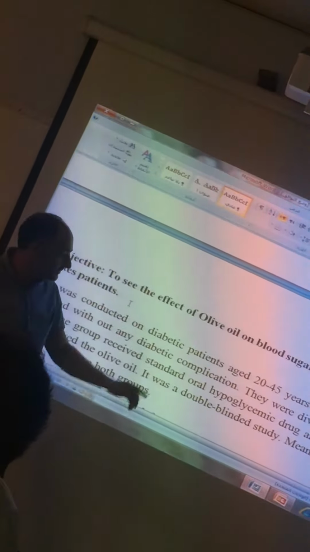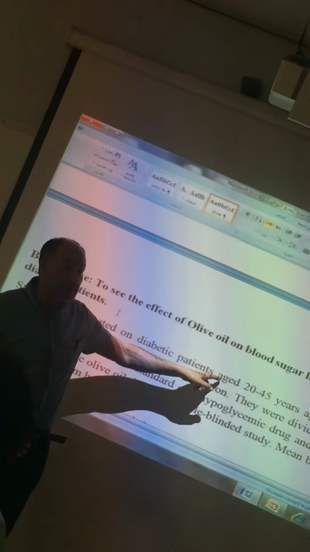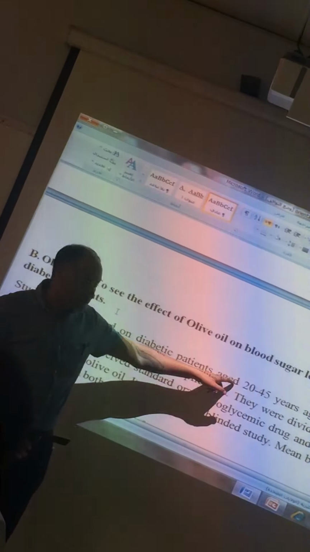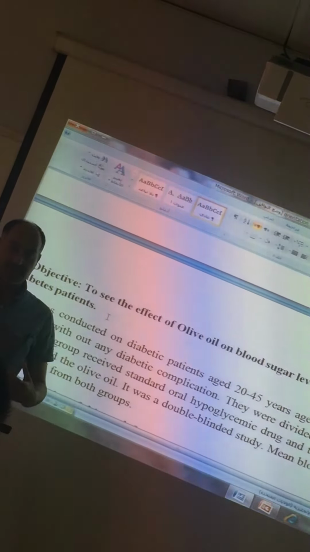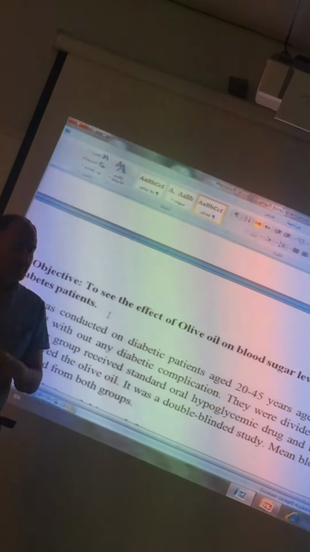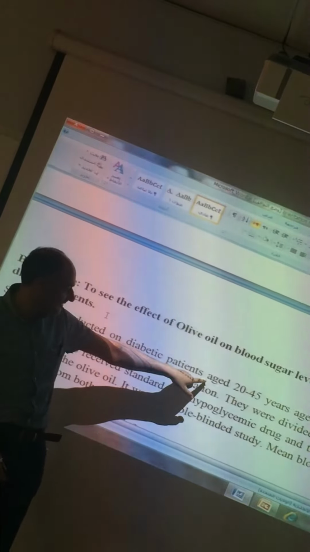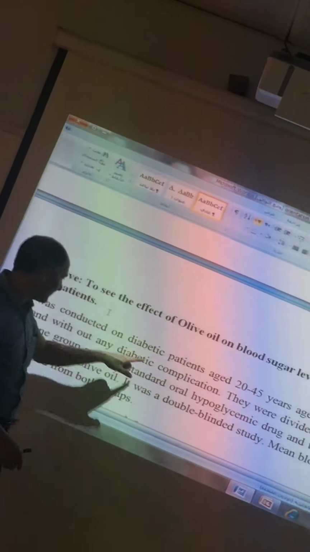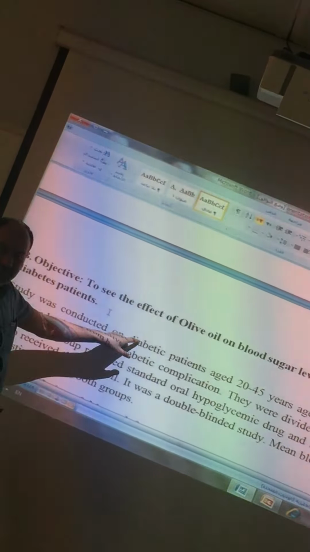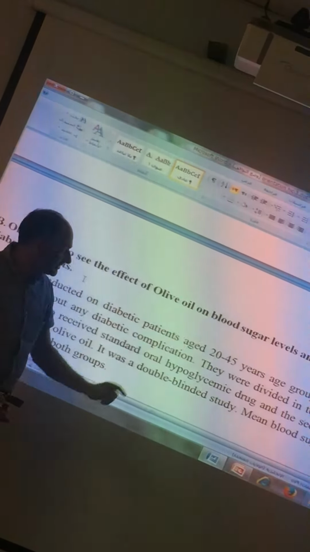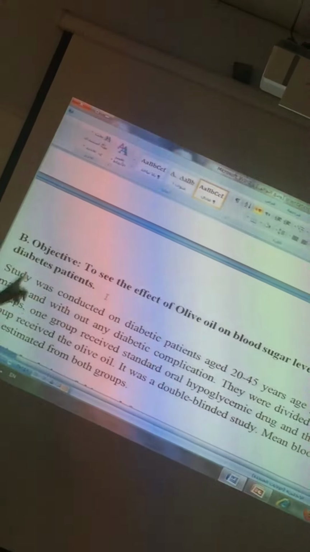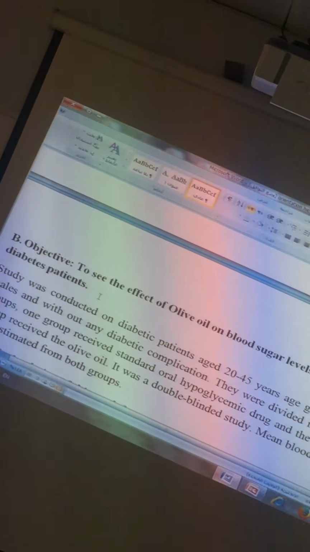The first step is: who are the people? We can see the eligibility criteria for those who will come into our study. The first eligibility criterion is age. Second, they should be diabetic. And only males. So we have our three eligibility criteria.